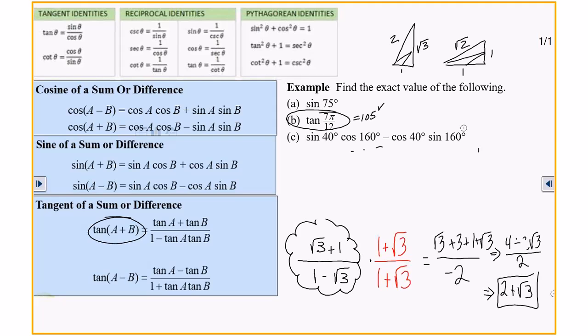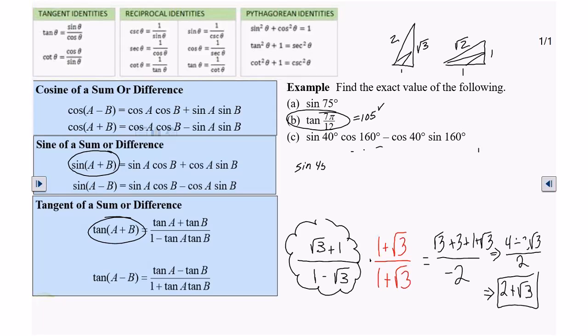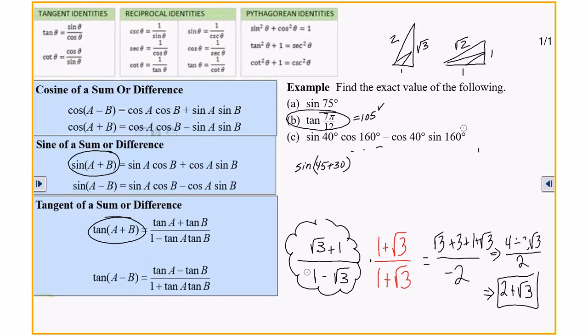Okay, I'm going to have to go back and do the A because I think I messed up. I was doing the tangent when I should have been doing the sine. So let me go back and fix that. Sine 75 is the sine of 45 plus 30, and that's equal to sine, cosine, cosine, sine.